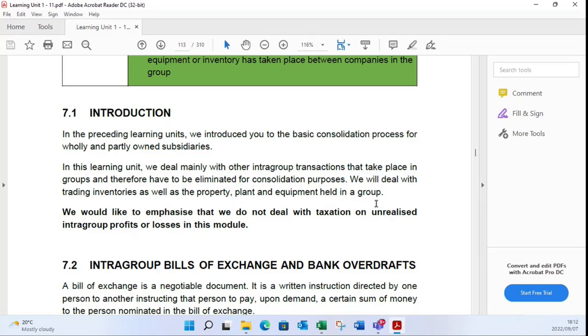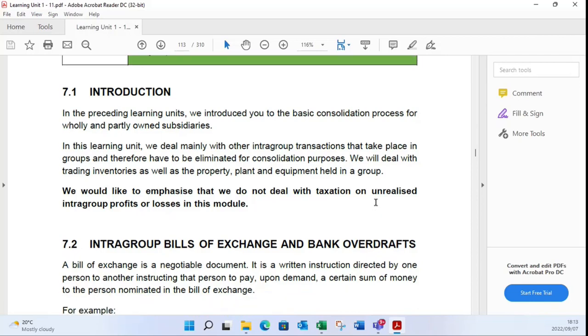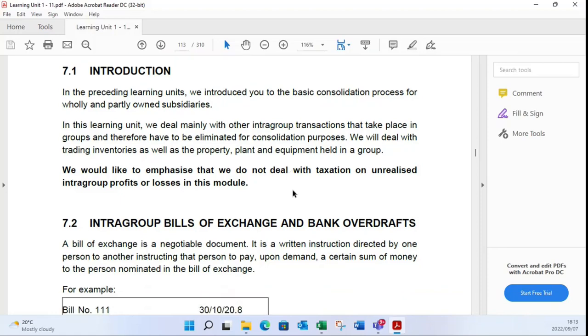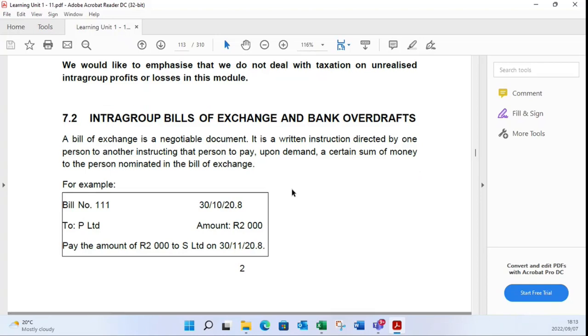So we'll be selling inventory and also property, plant, and equipment, in both ways: sold by a parent to a subsidiary or by a subsidiary to the parent. There will also be situations where they do revaluations. We would like to emphasize that we do not deal with taxation or unrealized intra-group profits or losses. Those will be part of the FAC in the third level.